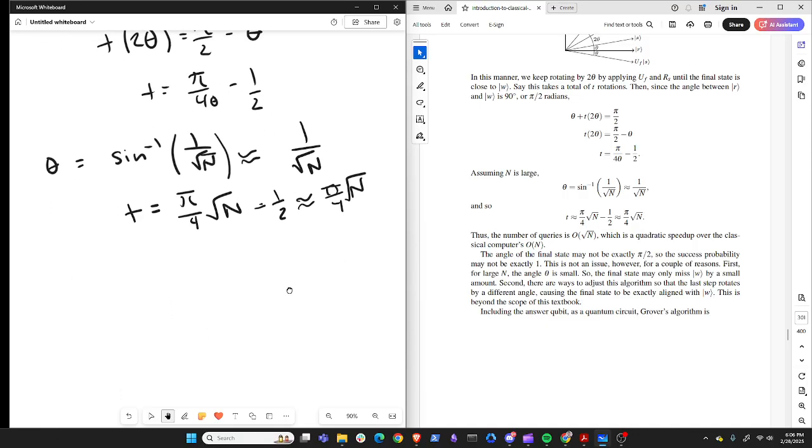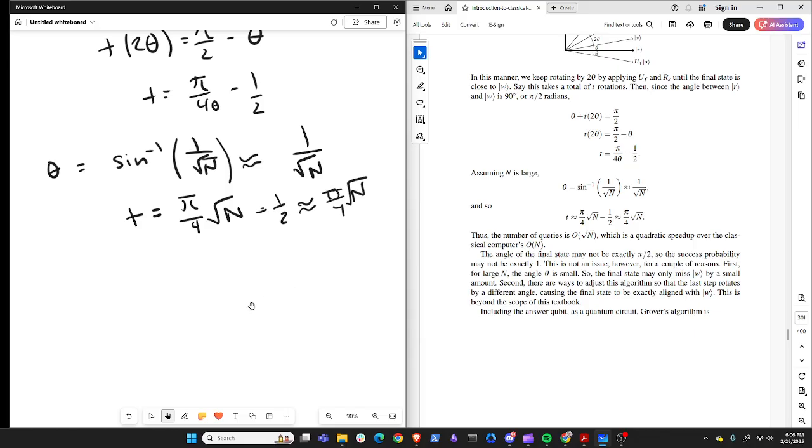So obviously sometimes the angle of the final state might not be exactly pi over 2, so we might not get a success probability of 1.